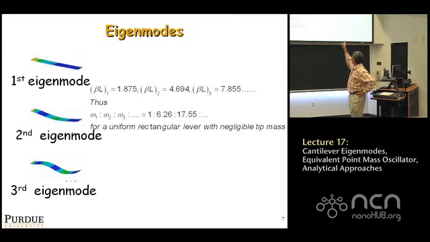You look at the ratios of the frequencies, 1 to 6.26 to 17.55. Now go back to everything you studied in sophomore physics of string vibrations or vibrations of acoustic columns. Do you remember what the ratios of frequencies used to be?